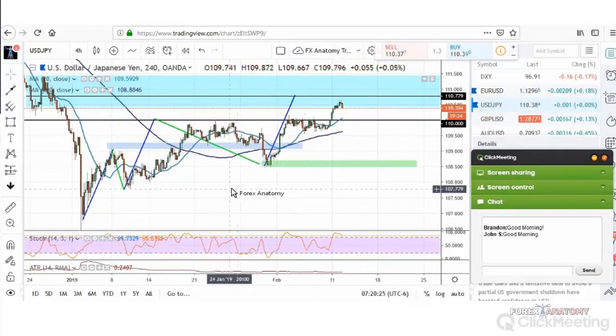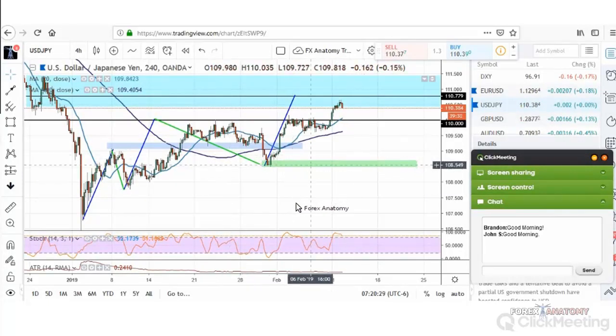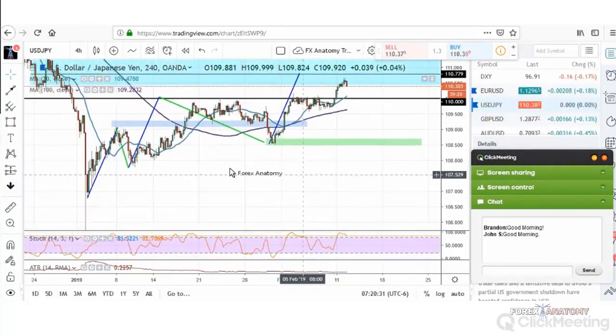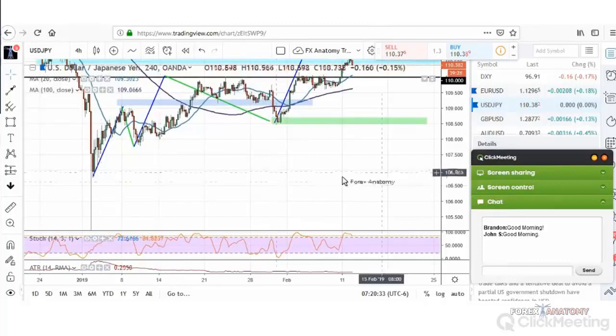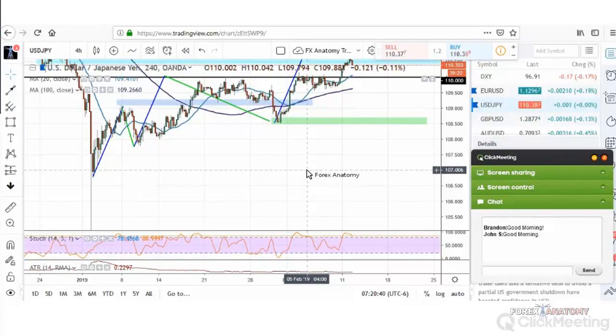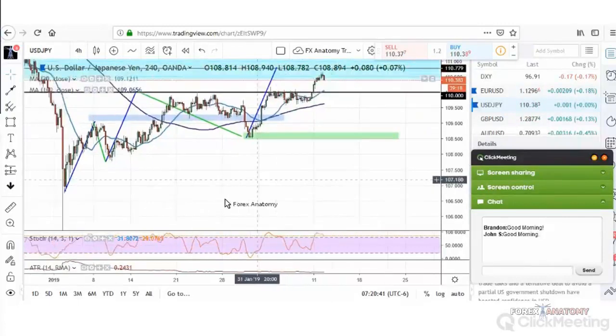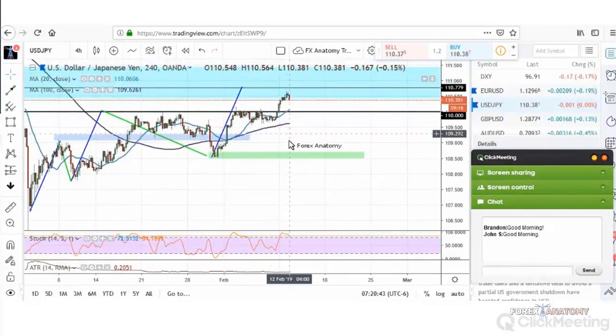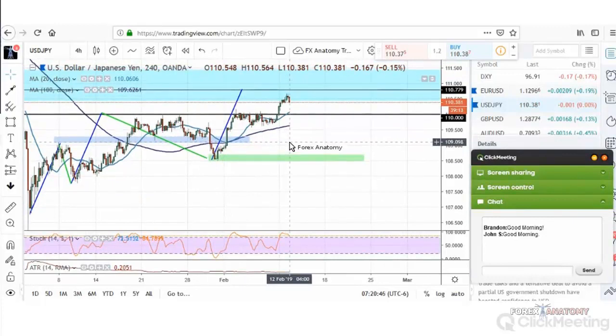Around that particular zone and area is where we could see price go. And if price breaks this zone, then we can definitely see price slide all the way down to this area right here. But we're expecting a nice move in this pair, a nice bearish rotation in price, and possibly hundreds and hundreds of pips, which could support a grand slam trading opportunity where we have phenomenal reward to risk ratio.